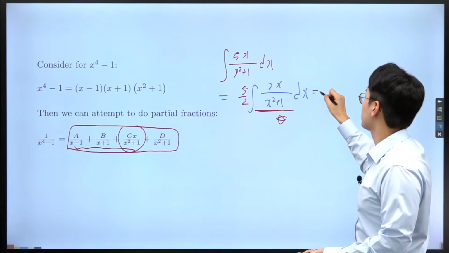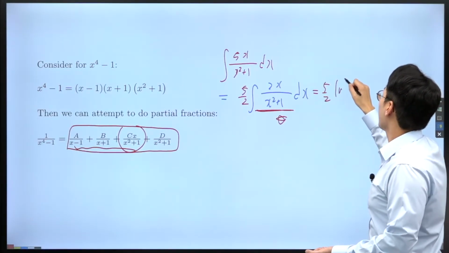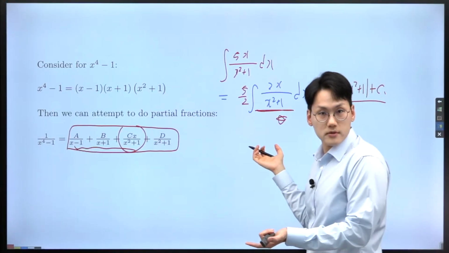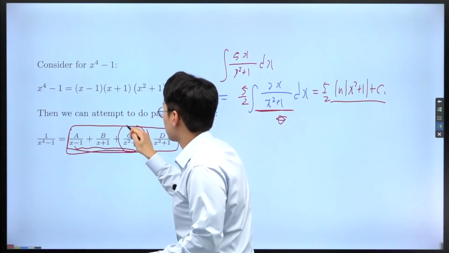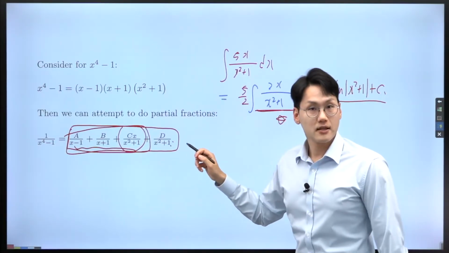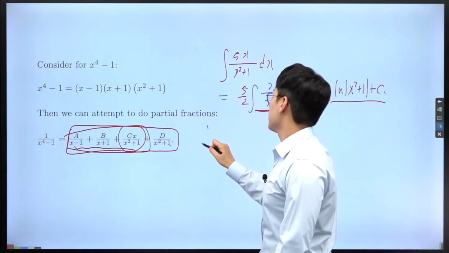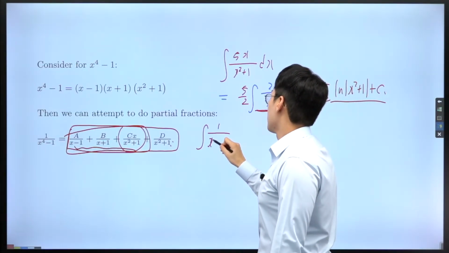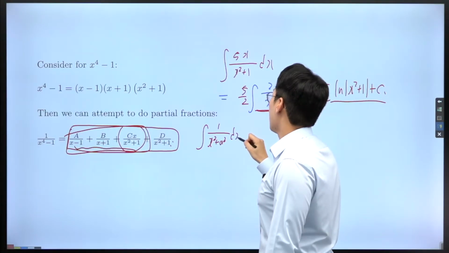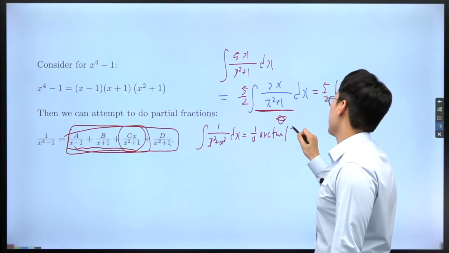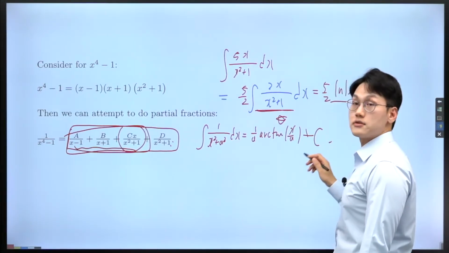So now this is going to be simply 5 over 2 ln of the absolute value of x squared plus 1, like that. So the first 3 terms will be just logarithmic. But the last one will be given as inverse tangent, right? Because as we have already learned, the integral of 1 over x squared plus a squared is given by 1 over a times arctangent of x over a, right? So that is the integral that we're looking at.